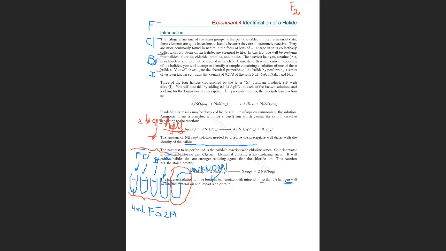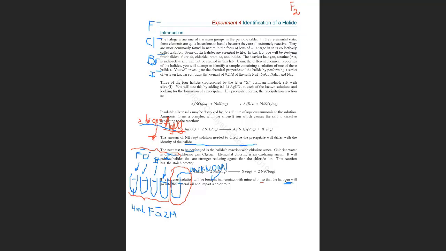That means when you add the 2 drops of silver nitrate, the fluoride is not going to form any precipitate. Clear, nothing, no reaction, because this salt with the fluor is soluble.